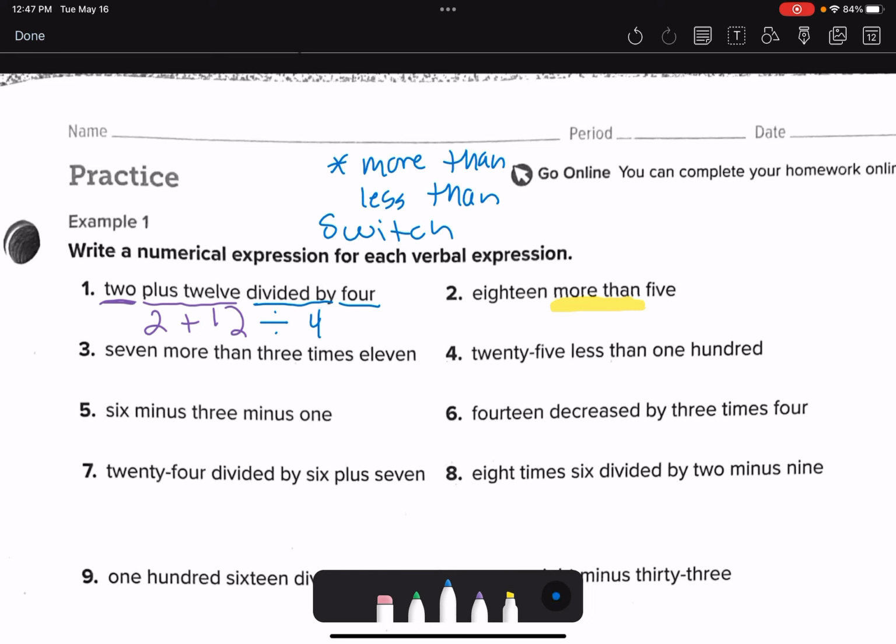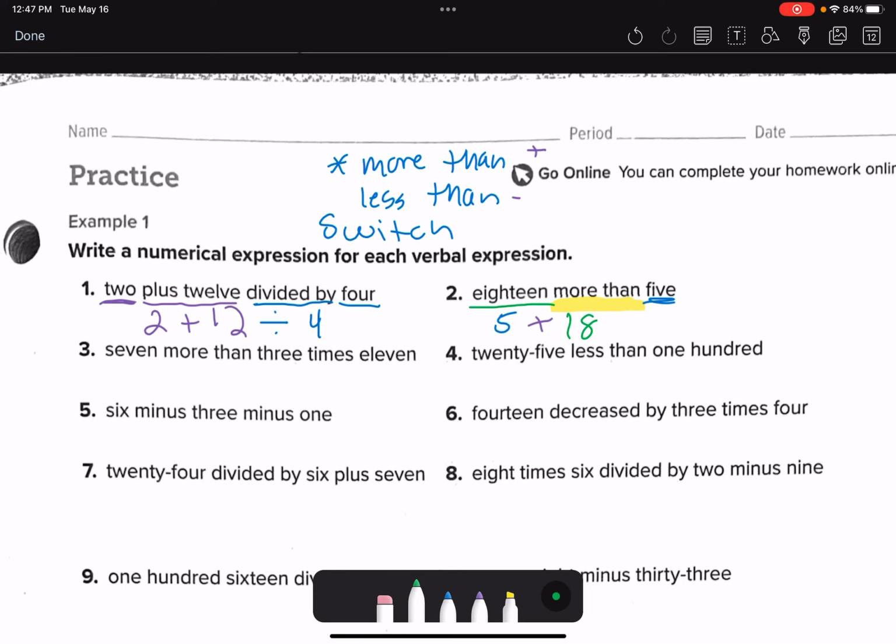So we're going to start with this 5 here. And then we're going to put the more than. Now, more indicates plus and less than indicates subtraction. So if you want, you could even put a plus and a minus sign next to the phrases so you understand which one is which. And then more than what? 5 more than, how much more? 18. So now the phrase is 5 plus 18.